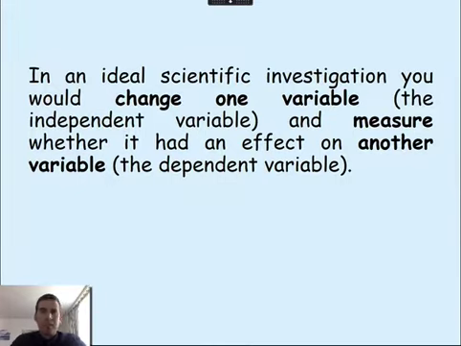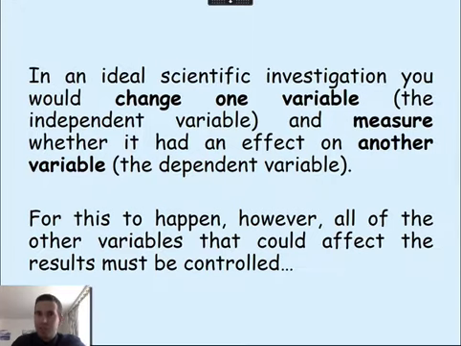So, in a scientific investigation, you will change one variable and you look to see if it has an effect and be able to measure the effect on another variable. That would be your ideal scientific investigation. But it's not as easy as that, because there are other things which could potentially affect and change your dependent variable.